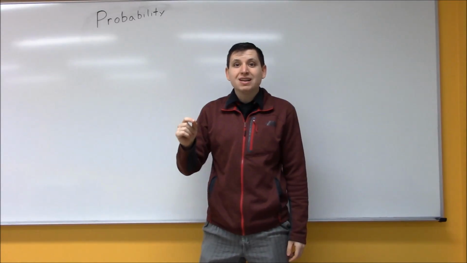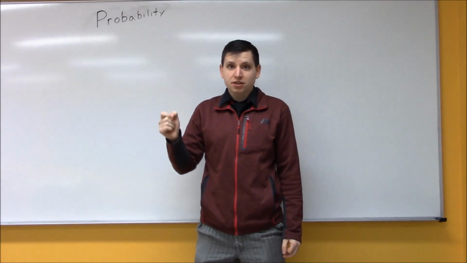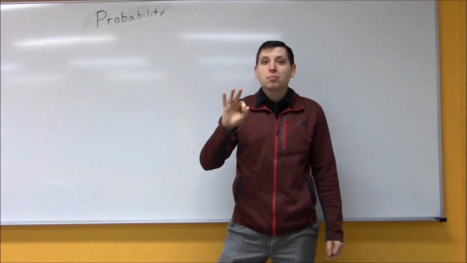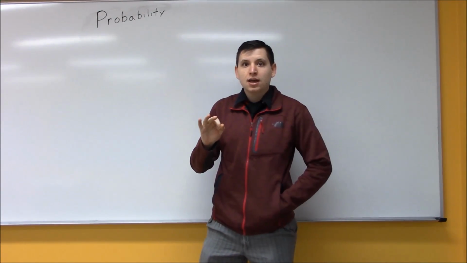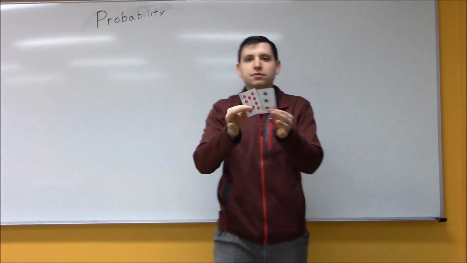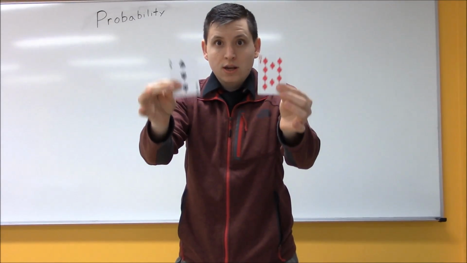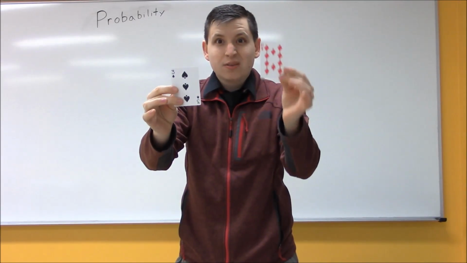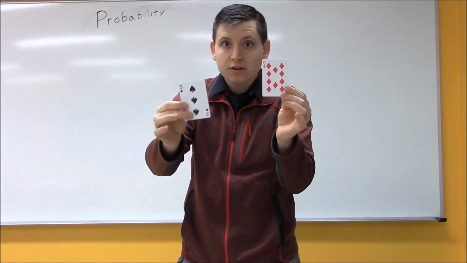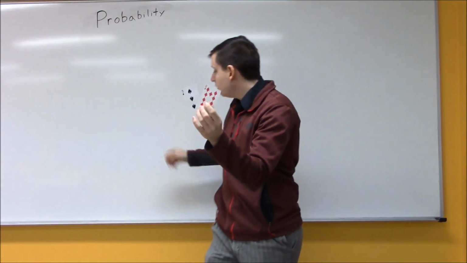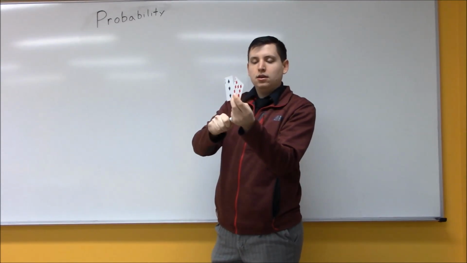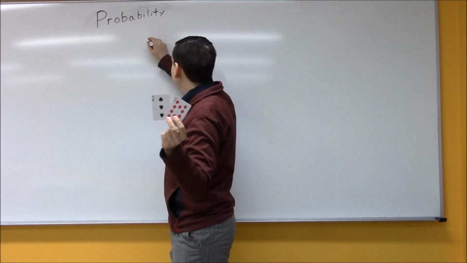Now probability is the likelihood of an event occurring, and it can be represented in three different ways. Say we were doing the likelihood of selecting a red card when we have one red card and one black card. The probability of selecting one red card would be 1 is our desired outcome.